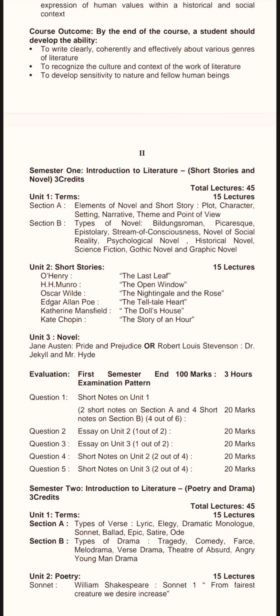So let's see our first unit, which is the terms. In every term we are going to see section A and section B. In section A we are going to see the elements of the novel and the short story, and in that we will see plot, character, setting, narrative, theme, and point of view.